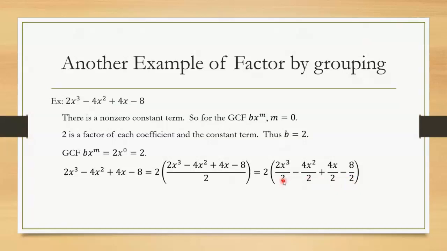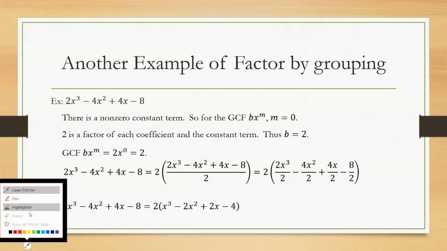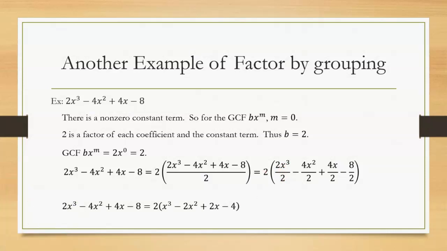Now, what do you get? After you carry out this division, let me get to the pen, you can see the 2's here are going to cancel. That's why we get just x cubed. Here, we have 4 over 2, but that becomes just 2.